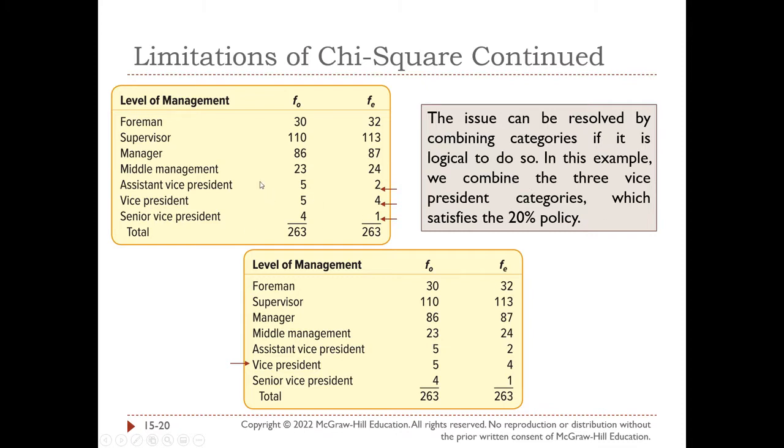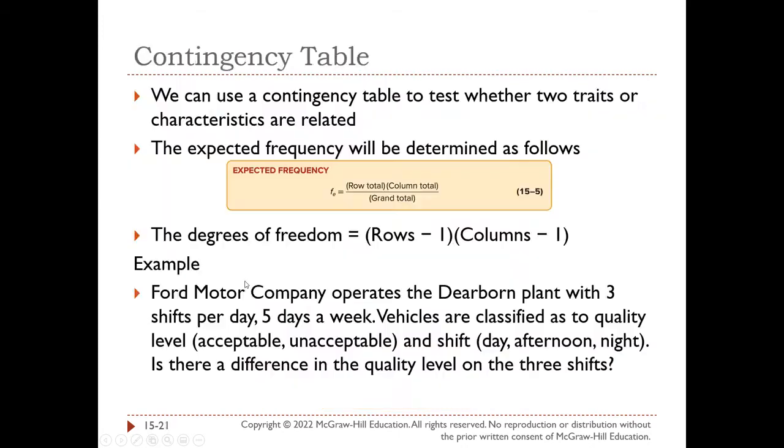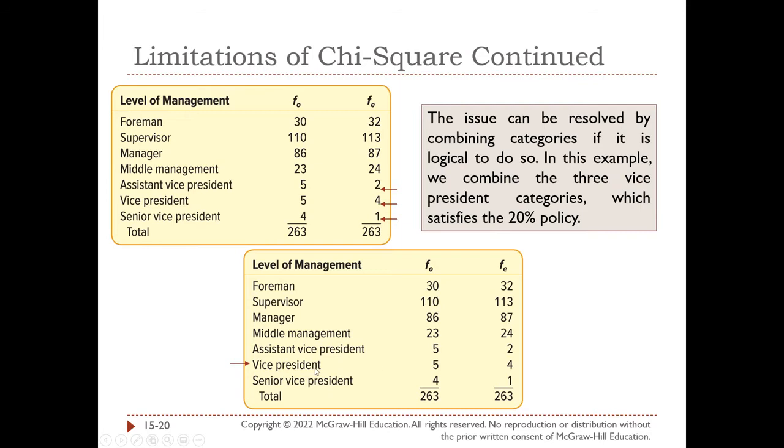So what we'll probably do is combine them as a vice president category or something along that line so that we can satisfy the 20% rule. So that's what they did here. They combined, but we do have to watch out for the ones that are below 5. They just did the same chart, but basically all they did was combine. They kept an eye out for that.